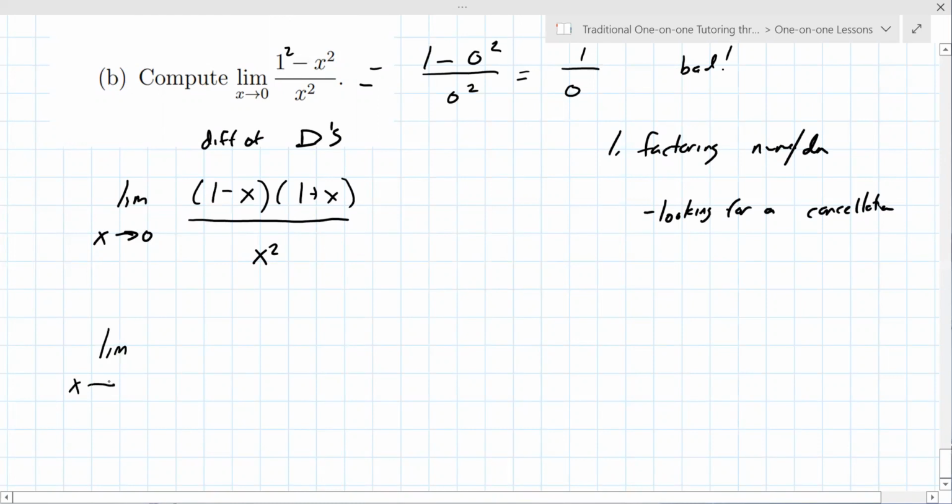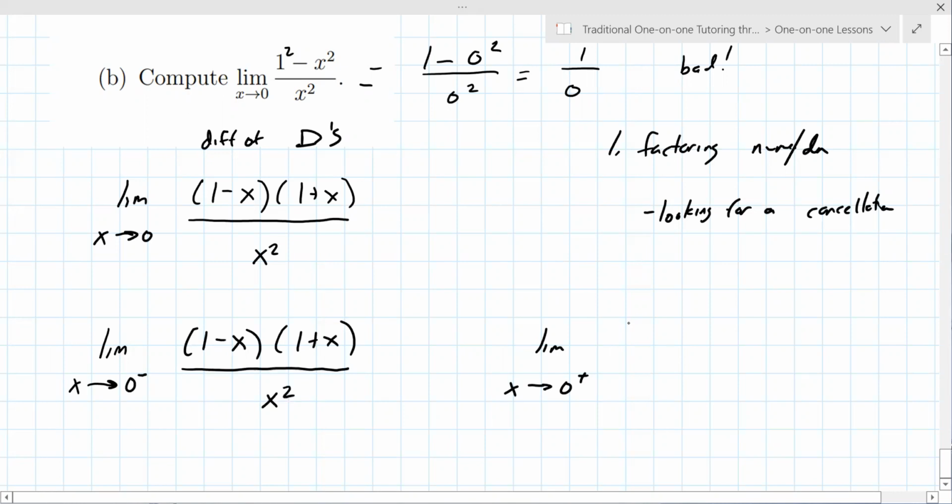Yeah, so the next thing is to take the limit as x approaches 0 from the left and then from the right. What you hope for is that they approach the same value. If you have your notes, it would be helpful to know if this was what you ended up doing.